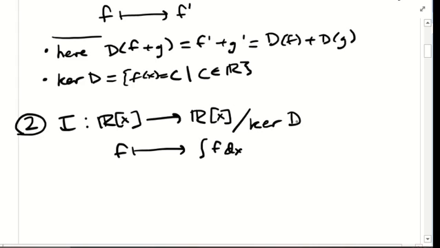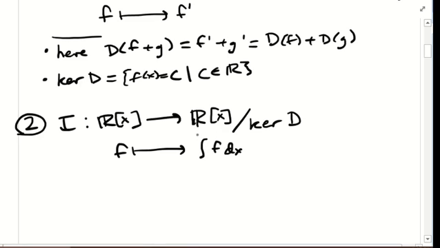But if we mod out by all constant polynomials, that means that all polynomials that are related by addition by a constant will be the same in this factor group, and so that makes this well defined.